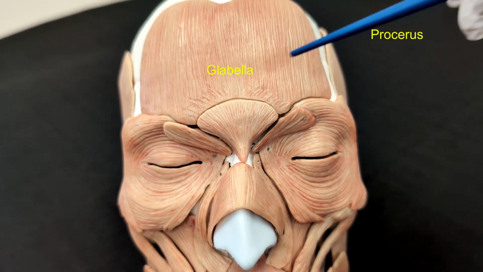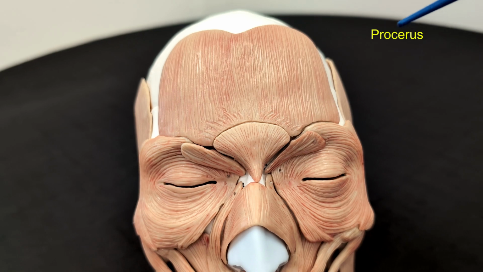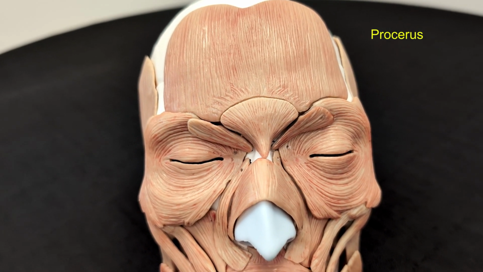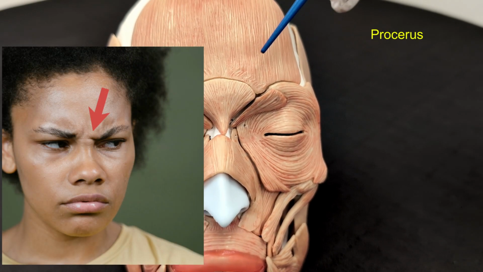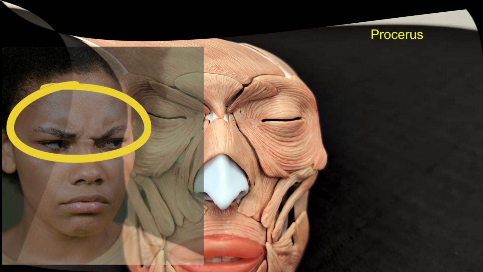Its fibers merge with those of the frontalis, as you can see here, and the Procerus muscle helps to pull that part of the skin between the eyebrows downwards. It can also contribute to an expression of anger, causing transverse wrinkling of the bridge of the nose.